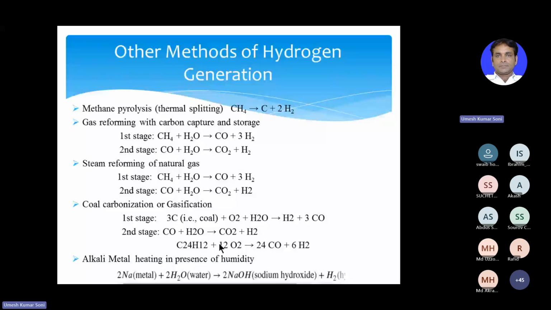In the second stage, the carbon monoxide and water are mixed together, and this forms carbon dioxide and hydrogen. So ultimately, we get carbon dioxide and hydrogen. Means the main product is hydrogen, and the byproduct is carbon dioxide.